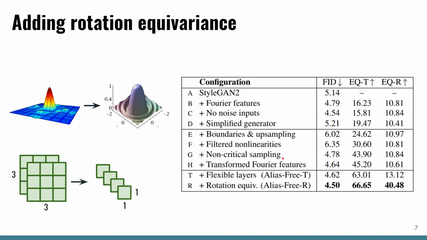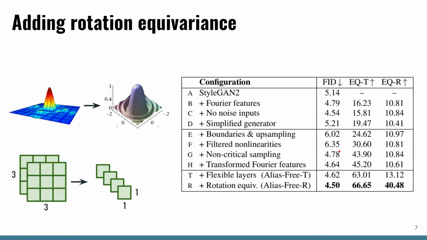Then this non-critical sampling is what I told you about, the fact that they cannot rely on the cutoff frequency alone, because the cutoff frequency is at -6 decibel, and -6 decibel is not enough by a very long shot.